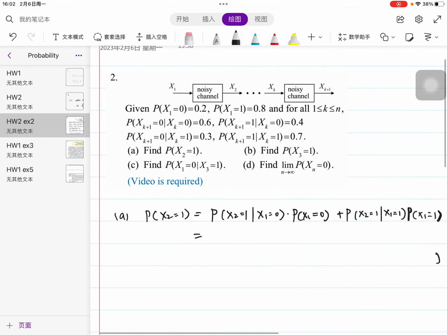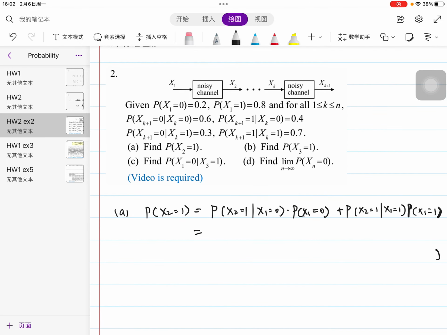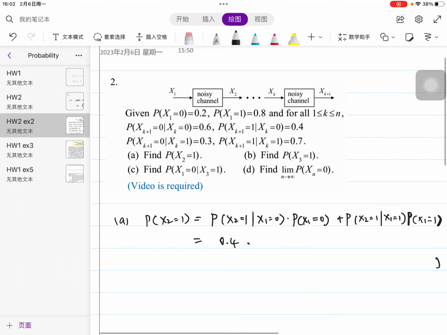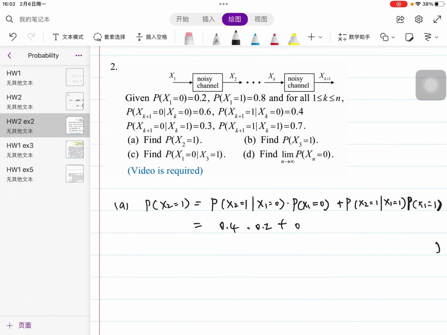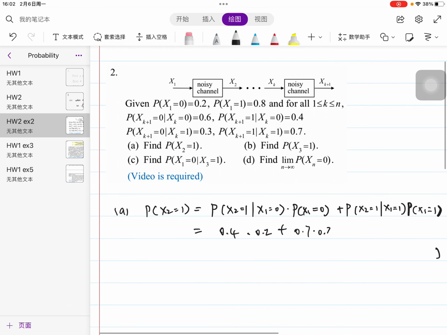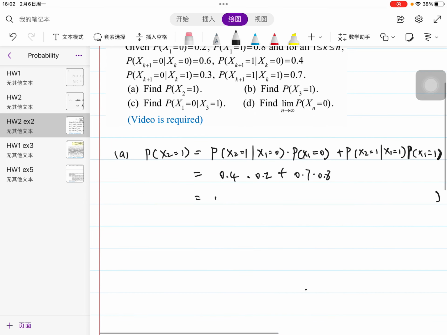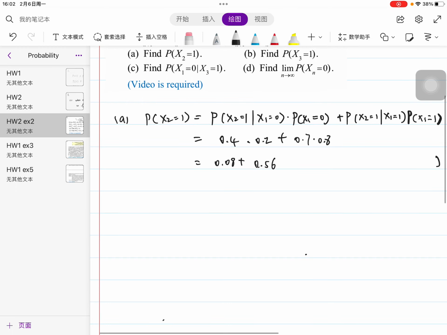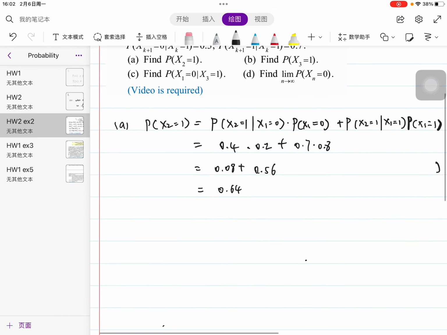So here we could get the answer: from 0 to 1, that is 0.4 times 0.2, plus 1 to 1, 0.7 times 0.8. So the answer is 8 plus 56, that is 0.64, right?